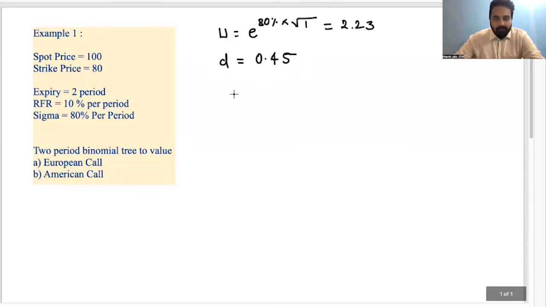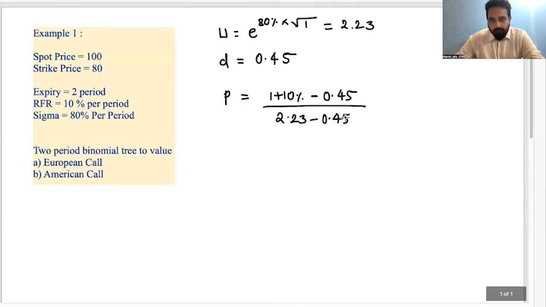P is equal to 1 plus 10% minus 0.45, divided by 2.23 minus 0.45. So 1.1 minus 0.45 divided by (2.23 minus 0.45) equals 36.5%. Is that right? Okay.